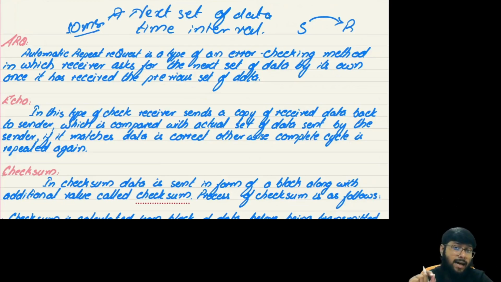If the receiver asks for the next set of data on its own within the 10 milliseconds set by the network administrator, that means the previous data has been received perfectly. But if there is an error, a distortion or a disturbance, the receiver won't ask for the next set of data. That means your data has been corrupted and now you need to send the entire data once again.